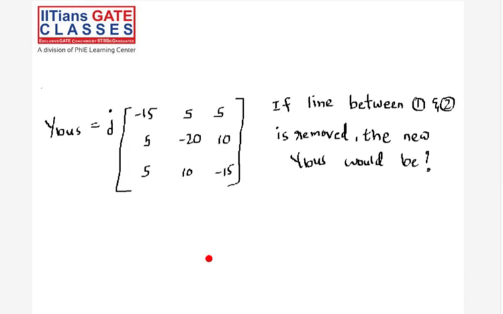Okay. Now I want you to think about this and do this. I haven't told you explicitly how this would work out, but I'm throwing you into the middle of the sea with whatever I've told you right now. Tell me what would be the new Ybus if the line between 1 and 2 is removed.